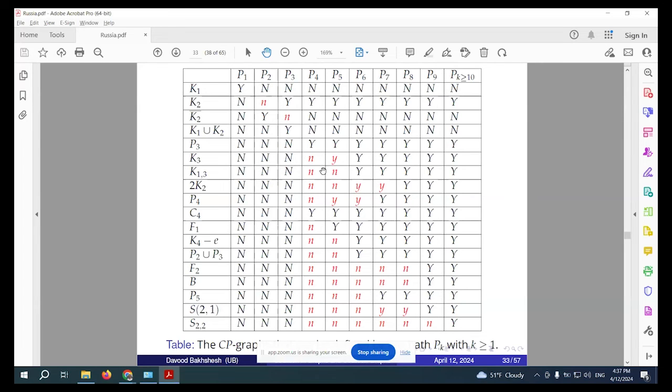If Tij is equal to Y, uppercase or lowercase, it means that the CP graph CPi can be defined by the path Pj. And if Tij is equal to N, uppercase or lowercase, it means that the CP graph CPi cannot be defined by the path Pj.